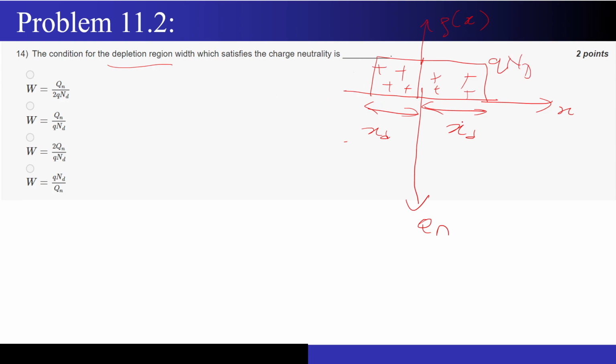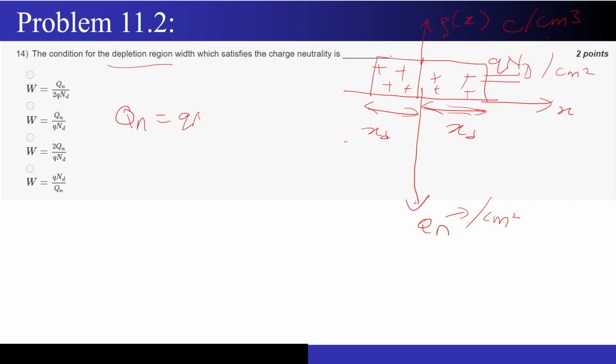So now if I just write the charge neutrality equation, this is the negative charge that I have, negative sheet charge Qn, and I have to get the positive charges. How will I get the positive charges? This is the areal sheet density, its units are per centimeter square. So I have to multiply q nd with xd, because the unit that you are seeing is coulomb per centimeter cube, and to get to per centimeter square I have to multiply by this width xd.